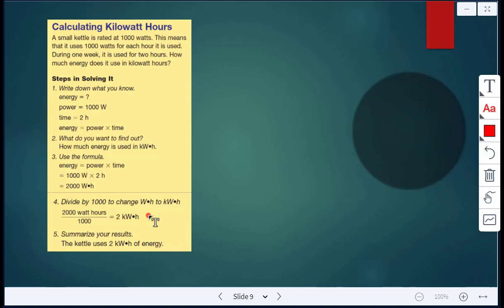So going from watt hours to kilowatt hours, you have to divide by 1,000. Our final answer then: the kettle uses 2 kilowatt hours of energy.